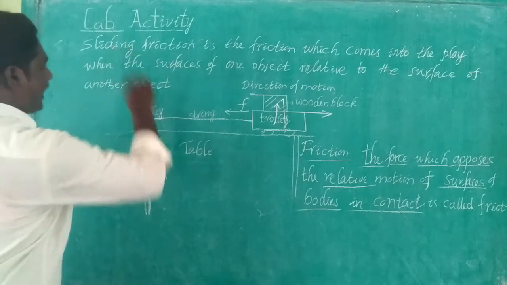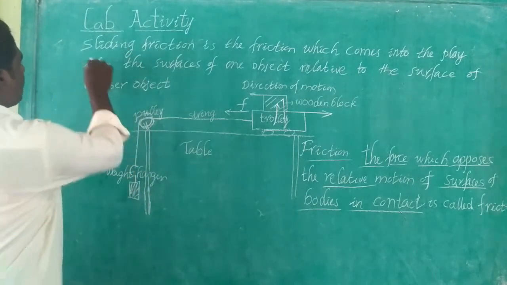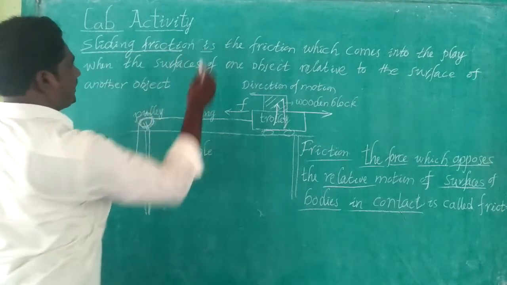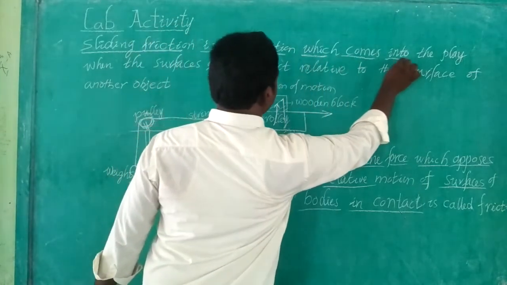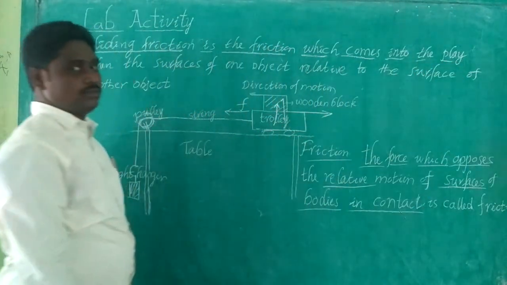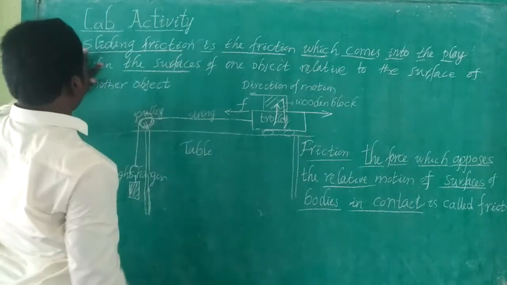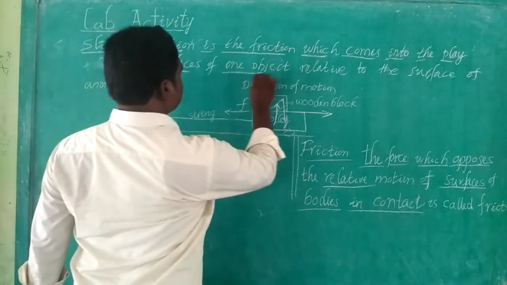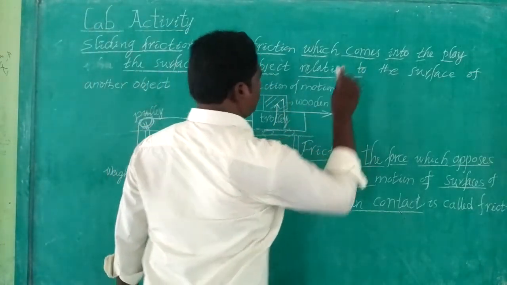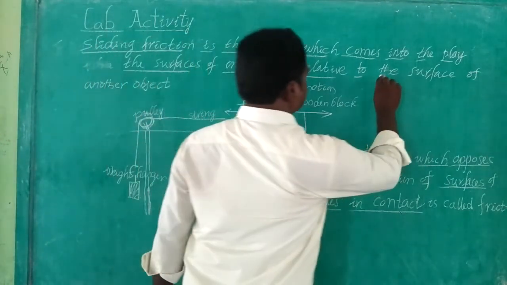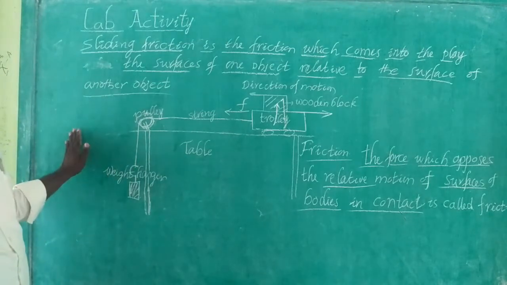Okay, friends, what is sliding friction? Sliding friction is the friction which comes into play when the surface of one object moves relative to the surface of another object.